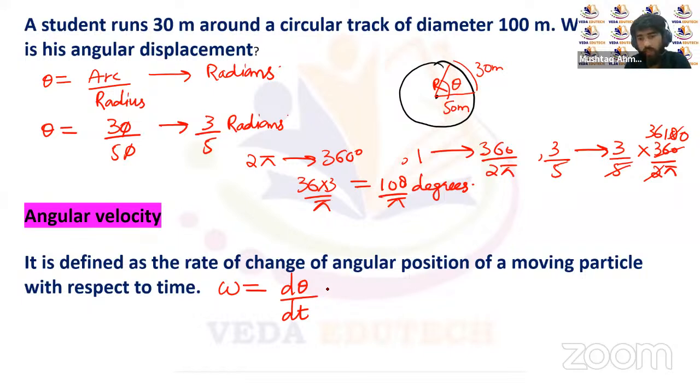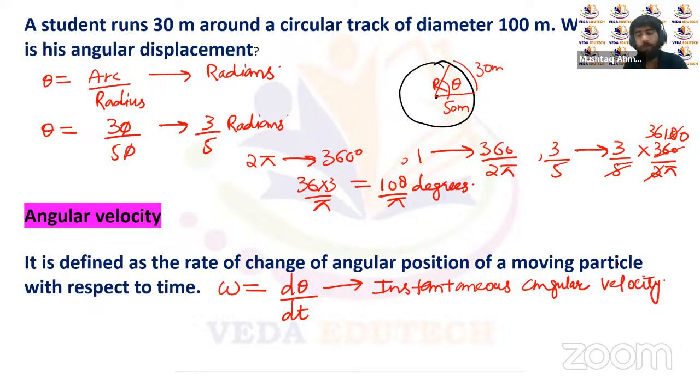So this is the instantaneous angular velocity: d theta over dt, where theta is the angular position.